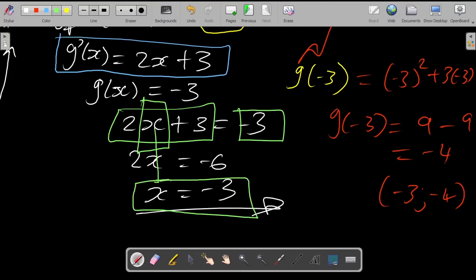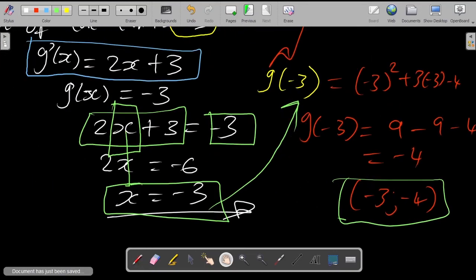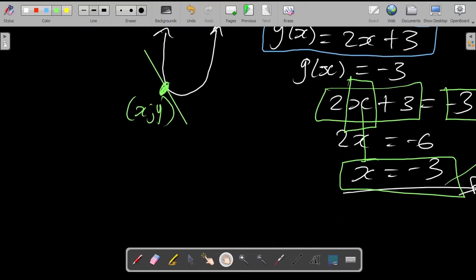So after finding where the tangent touches, we substituted that x value into the original g of x to find the corresponding y value. And we now have the coordinates of where we expect our tangent to touch. So we can now say that this should be exactly at (-3, -4). That point over there. So we now know where the tangent should touch. And that is what the question was asking for, basically.